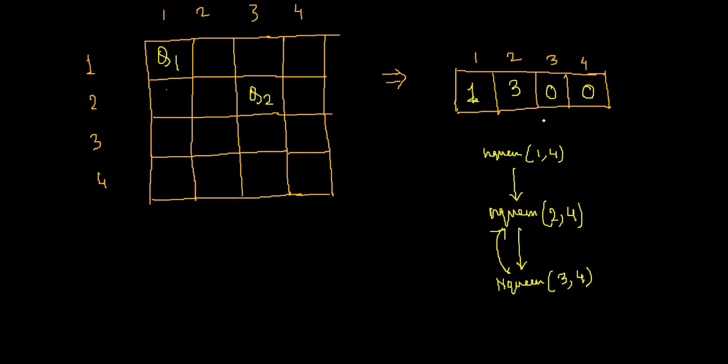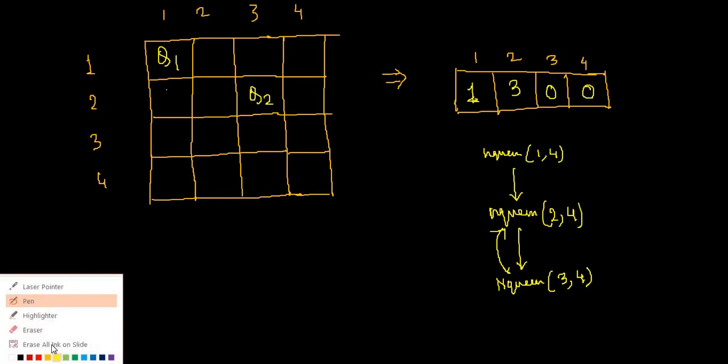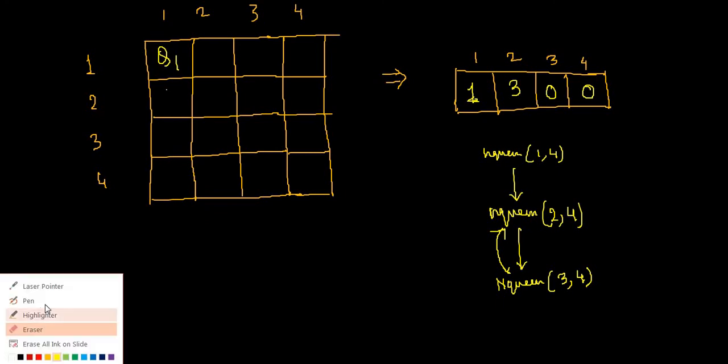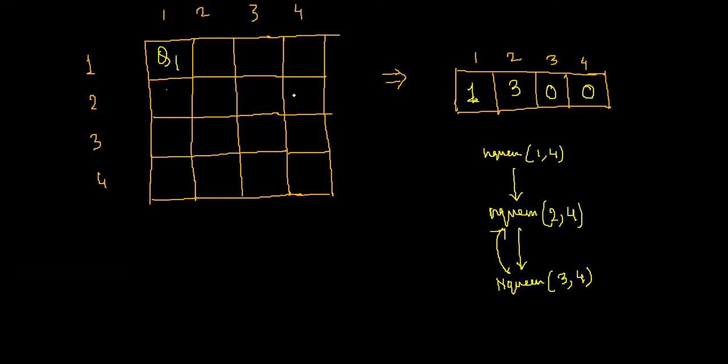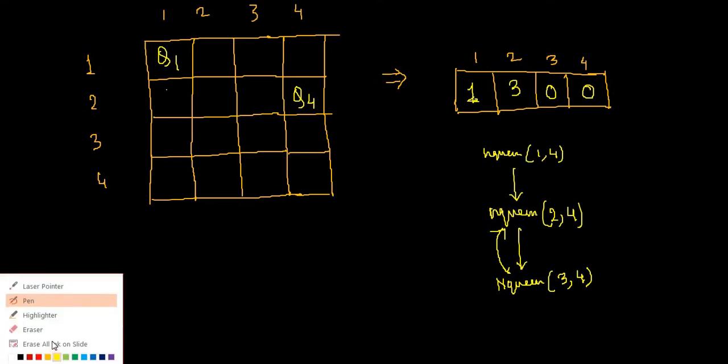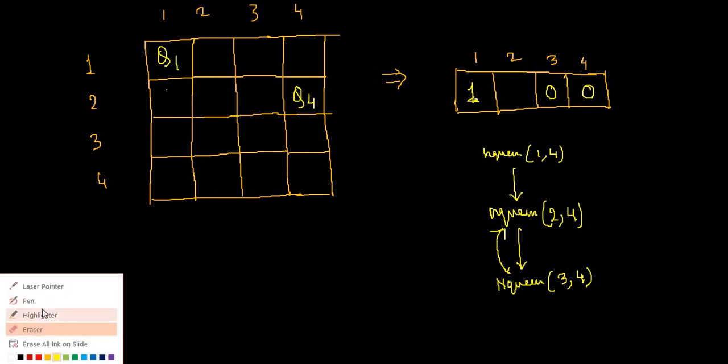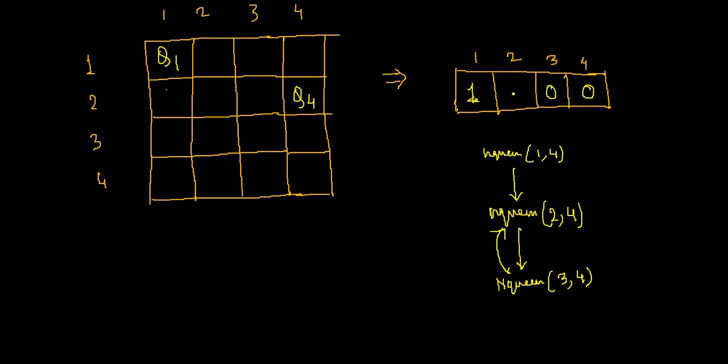And obviously from this diagram you can see that there is no collision with queen 1. So the second queen can be easily placed in the fourth index. So at the same point of time, in this one-dimensional view, this 3 will be replaced by 4.